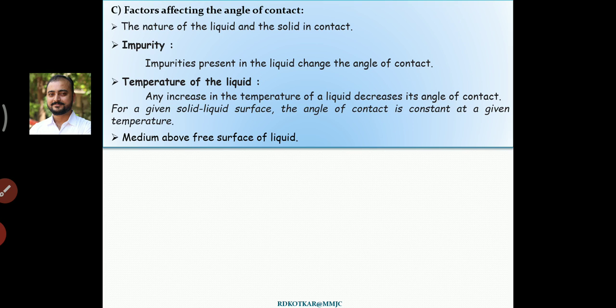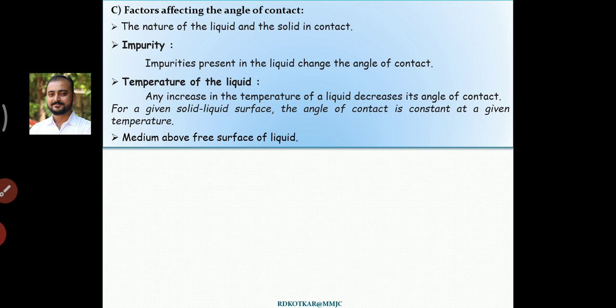The next factor is the medium above the free surface of the liquid. Meaning, the liquid and solid are in contact. Suppose you put a glass surface over which you pour a liquid, say water, and above it, which type of medium is there?